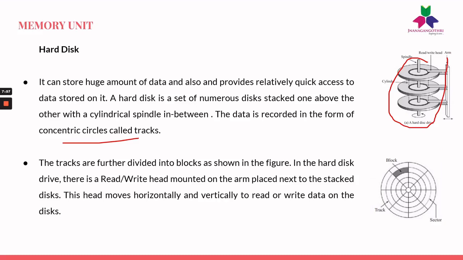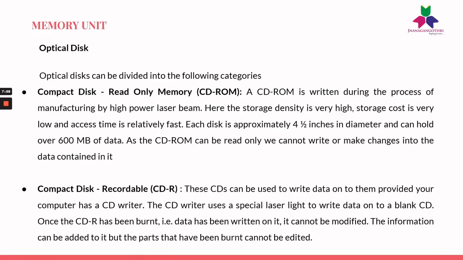So moving on to the next slide, we have the optical disk. So what is an optical disk? It is a device that is used to store a large volume of data and which is portable too, and it is divided into a number of categories.